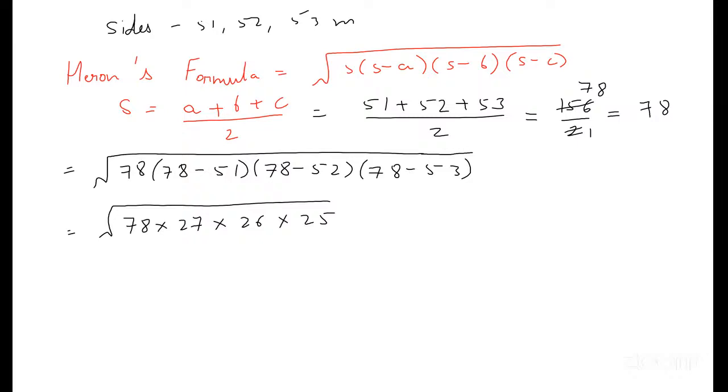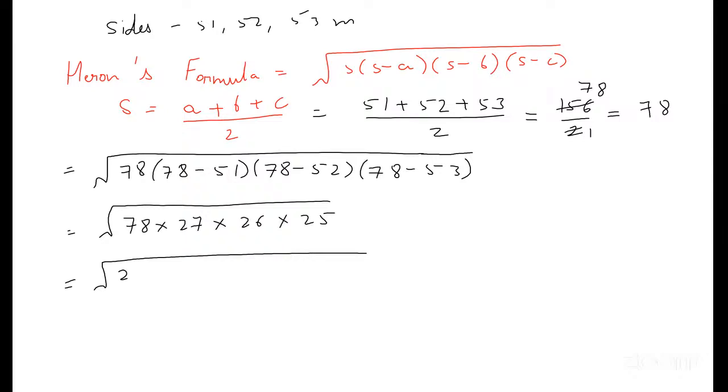Okay, now I want you all to do prime factorization of all four and tell me the factors. That will be 2 into 2 into 3 into 3 into 3 into 3 into 5 into 5.